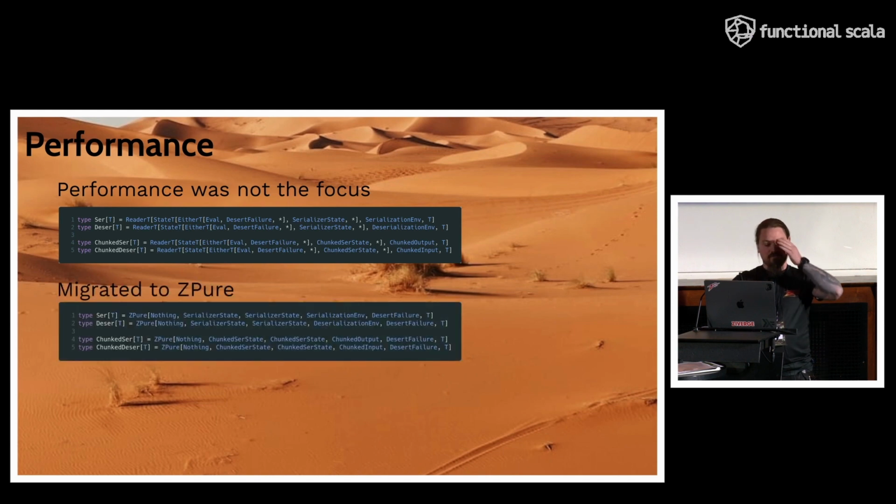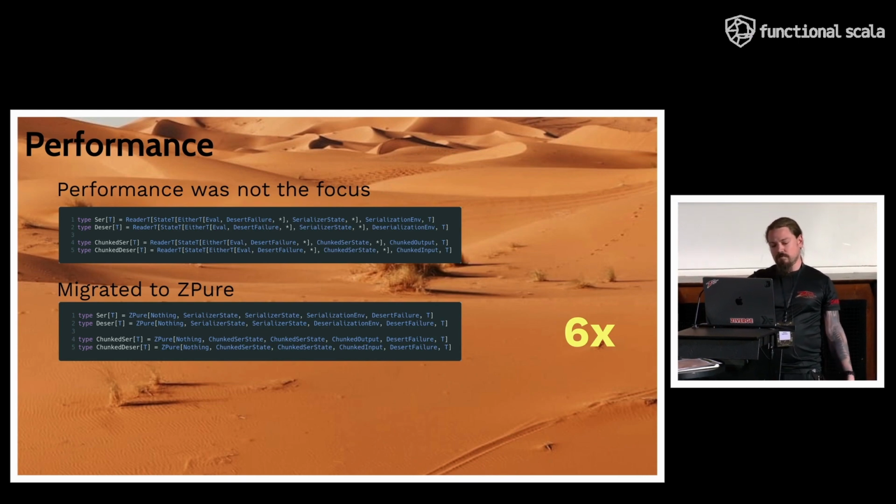Later, it was migrated to ZPure because it basically describes the same thing, but with a much more ergonomic interface. And as a side effect, it also turned out that it's about 6 times faster.